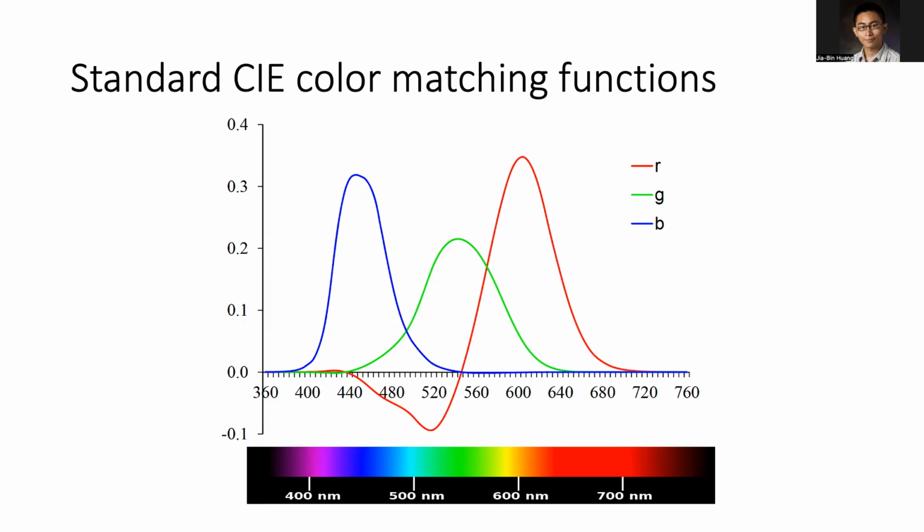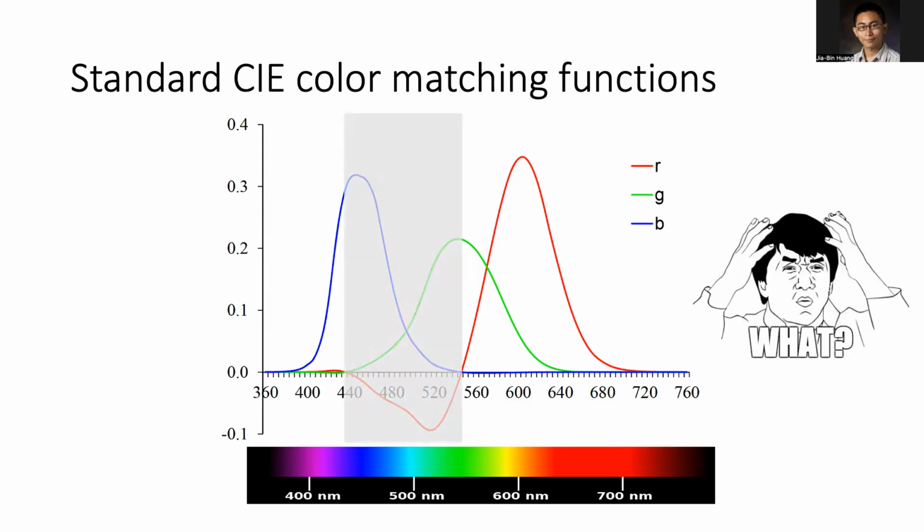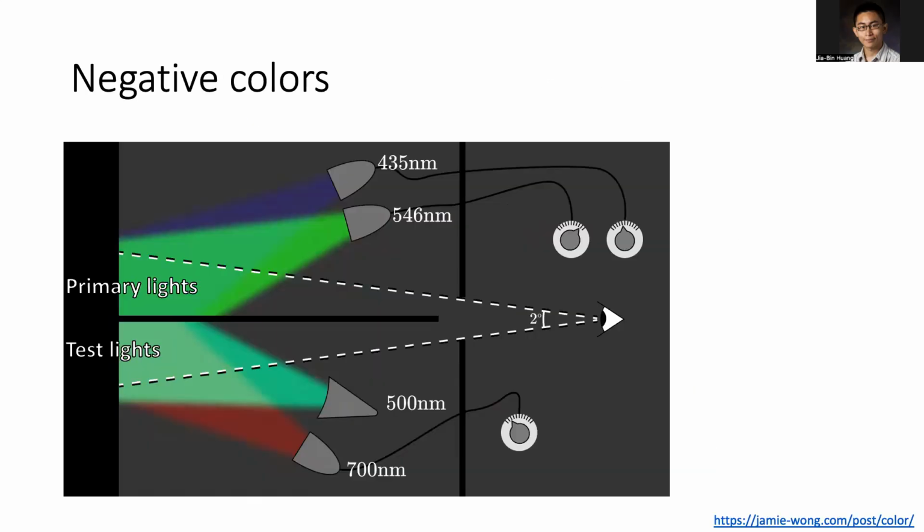Can anyone tell me what went wrong? What's wrong? Yes. Yeah, right, deep down, right? So what does it mean to have a negative light, right? This doesn't make sense. Okay, so what does it mean? What it shows here is the following.